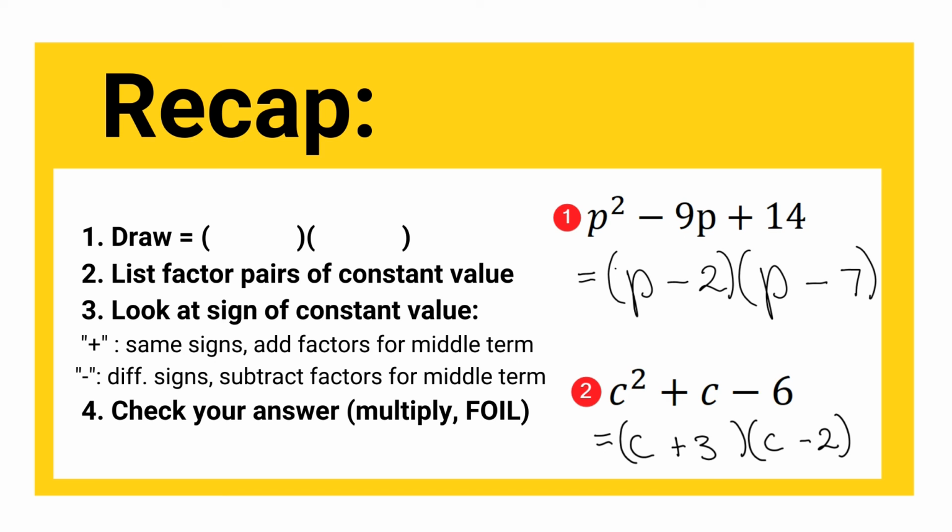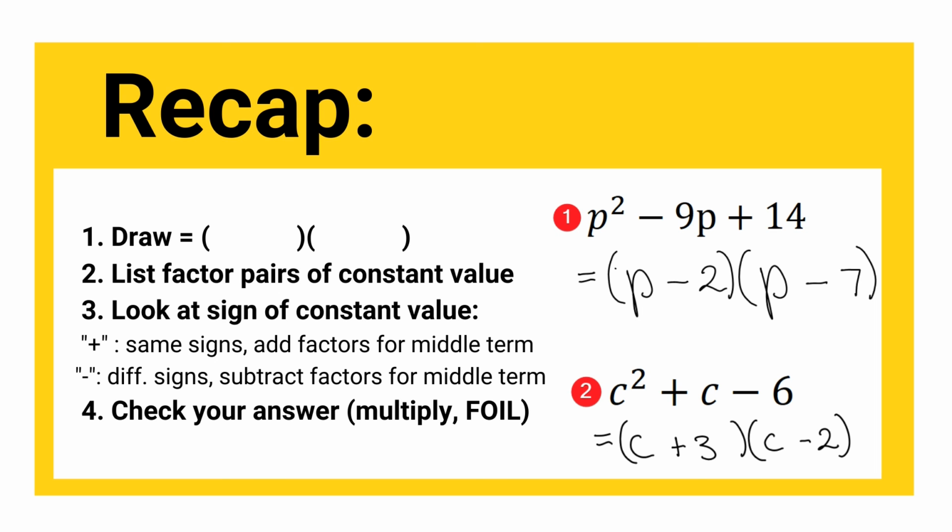So if the sign of the constant value is positive, then the signs in brackets will be the same, and you need to add the factors of the factor pair together to find a number equivalent to the one in the middle term. If there's a negative sign, the signs in each bracket are going to be different, and you are going to subtract the factor pairs from each other to find the same value as the middle term.